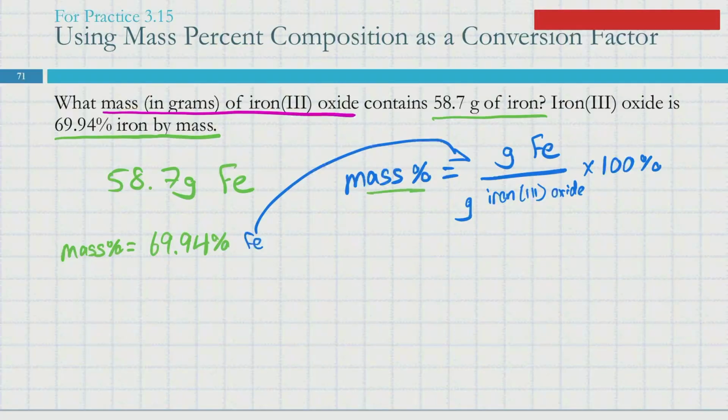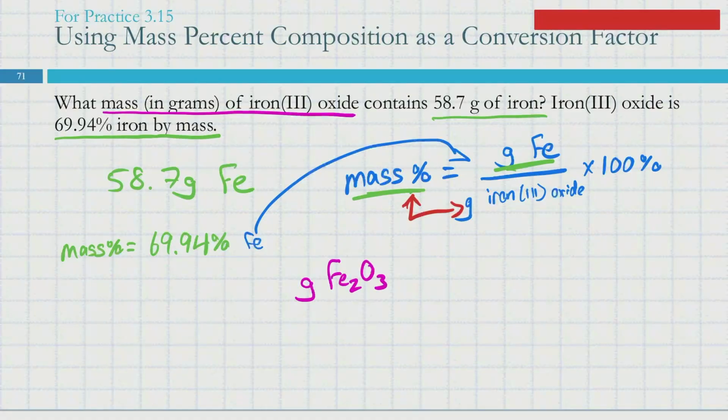So we have mass percent. We also have the grams of iron, and we need to find the grams of iron 3 oxide. Doing a little bit of algebra, we can swap our mass percent and our grams of iron 3 oxide, our Fe2O3. Okay, so we get the thing we're looking for.